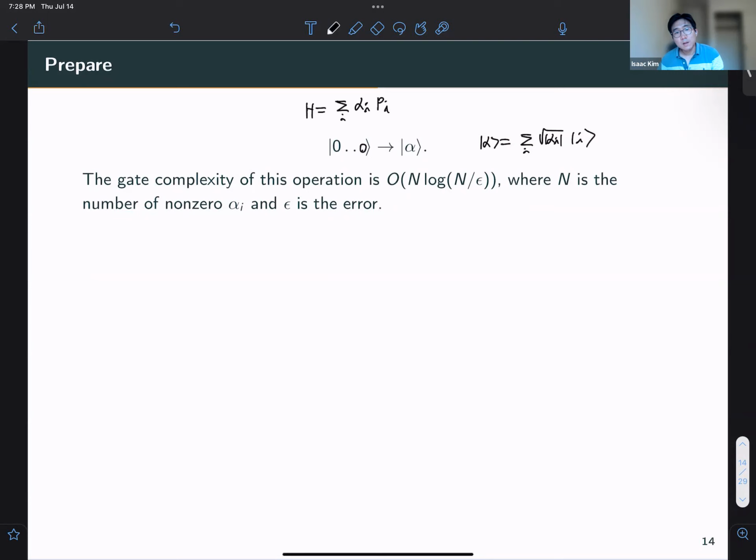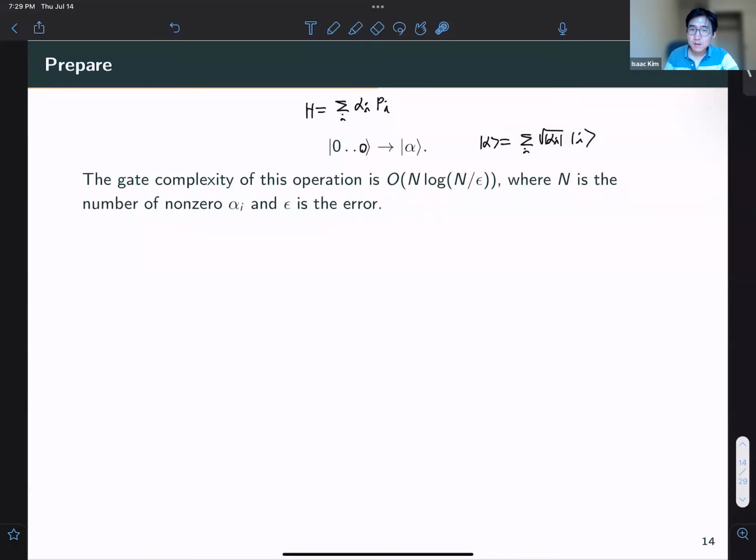This part is a bit more complicated, so I will just tell you that there is a solution to this. People know how to construct an arbitrary quantum state like this alpha state using 1 and 2 qubit gates. And the complexity scales as big O of n log n divided by epsilon, where n is the number of non-zero values of alpha i's. So there's a well-defined procedure to do this.